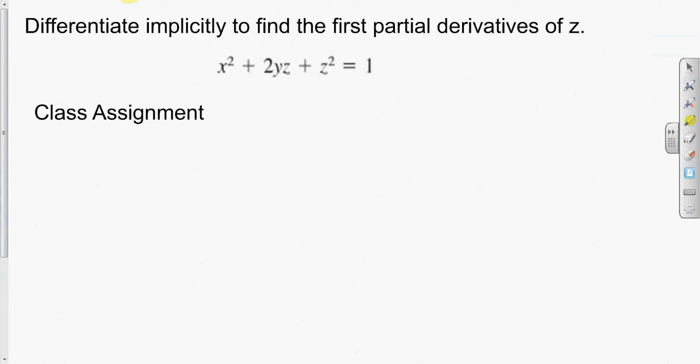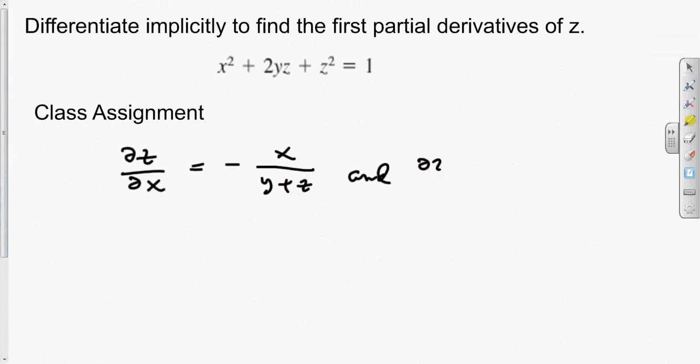Let's see. Got partial of z with respect to x is negative x over y plus z. Everybody good to go on that one?